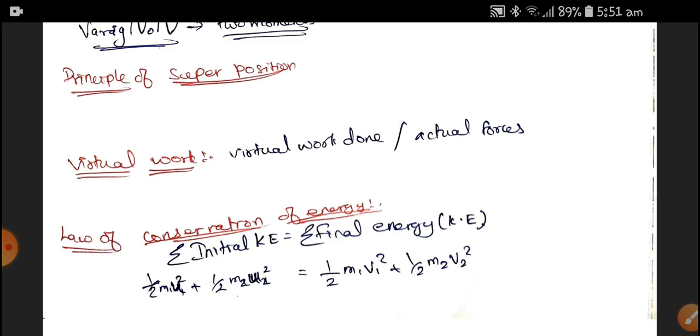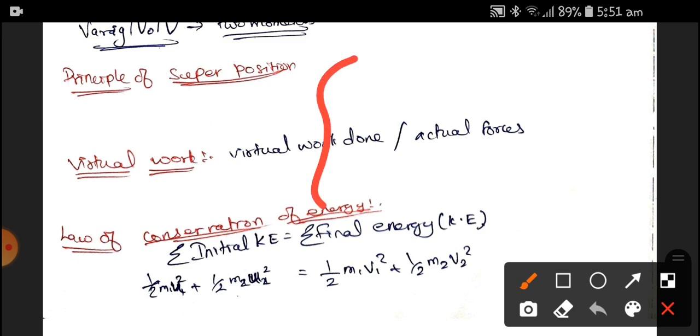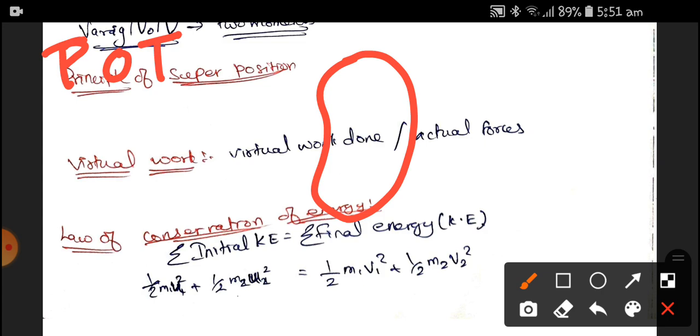The next important theorem is the principle of transmissibility, POT. The principle of transmissibility indicates that if this is a body and a force is acting on it, the same amount of force acts on the body throughout the same line of action.